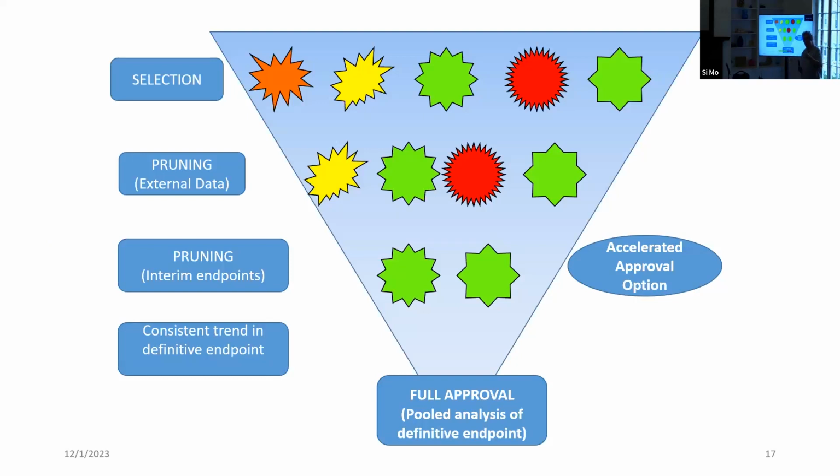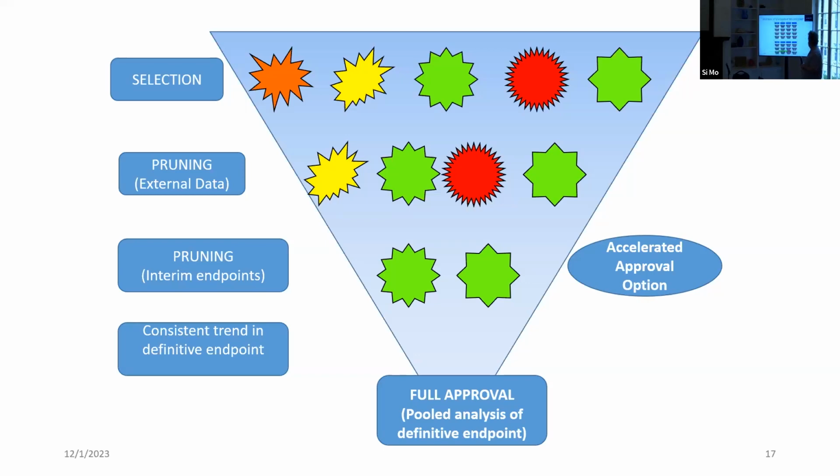If half of them work and half of them don't, you could get false positives and false negatives when you average it. And so you end up in this case with the two green indications, and you pool them, and you've now doubled your efficiency. You can basically evaluate these two indications for the price of one.